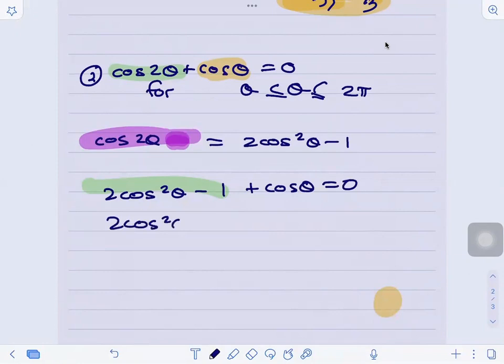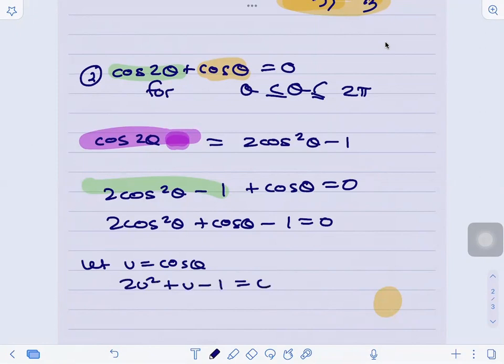So it's 2 cos squared theta plus cos theta minus 1 equals 0. This is a quadratic. You could let u equal cos theta and reduce it to a quadratic, or you could just solve it as a quadratic with the cosines in there.